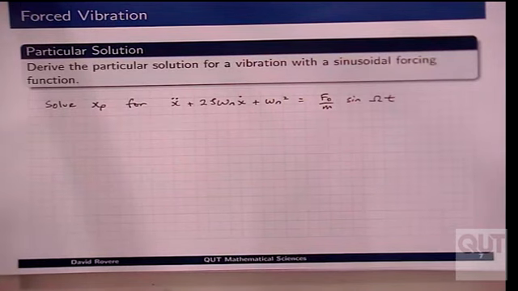So that's the second order ODE we're trying to solve, and at the moment we're just interested in the particular component of the solution.